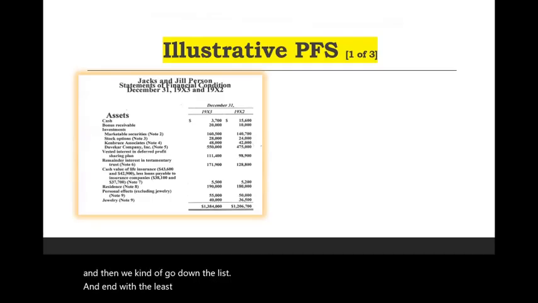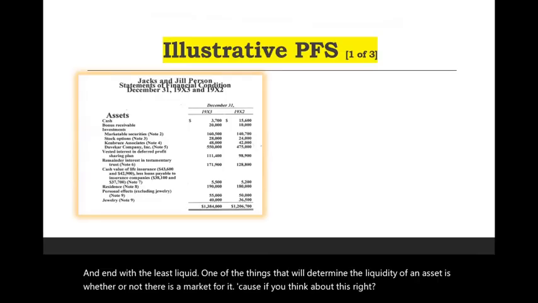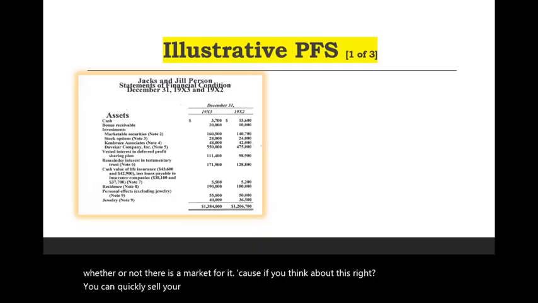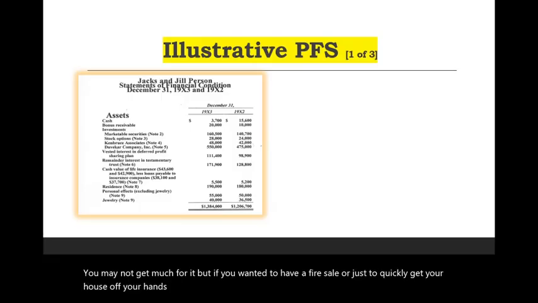One of the things that will determine the liquidity of an asset is whether or not there is a market for it. Because if you think about this, you can quickly sell your house. You may not get much for it, but if you wanted to have a fire sale to quickly get your house off your hands, you could sell it. So you could argue, my house is liquid.